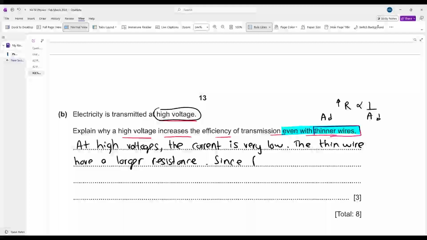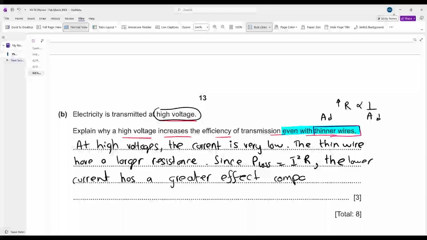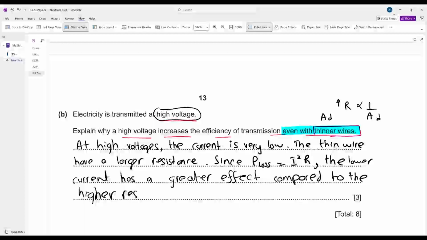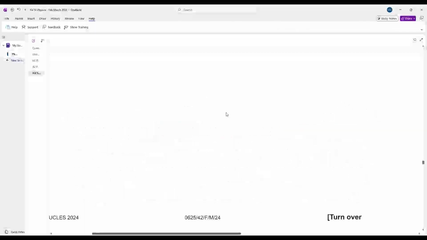Since power loss is equal to I squared R, the lower current has a greater effect compared to the higher resistance. Hence power loss decreases. Simple. Let's move ahead. What is written in the next question?